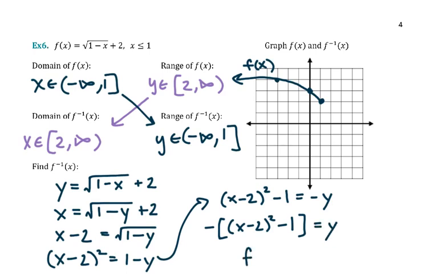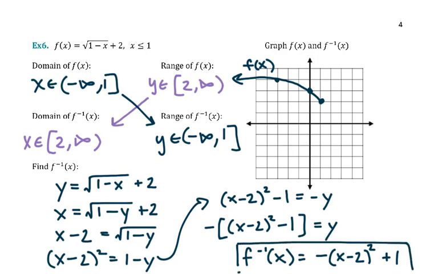So f inverse of x, my inverse function, is negative x minus 2 squared plus 1, because when I divide by that negative, we need to make sure it was distributed across the quantity. So this is the graph of a parabola. We end up with the graph of a parabola.